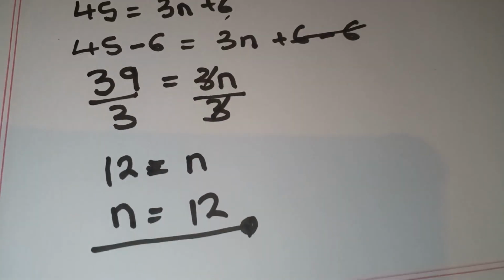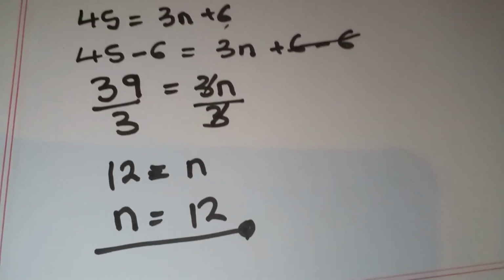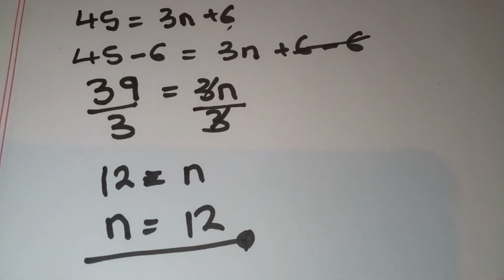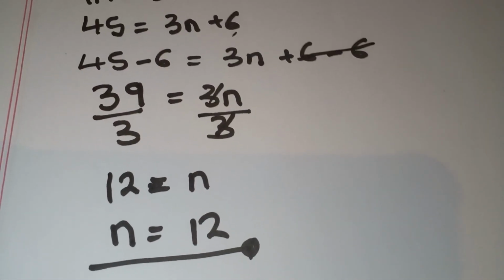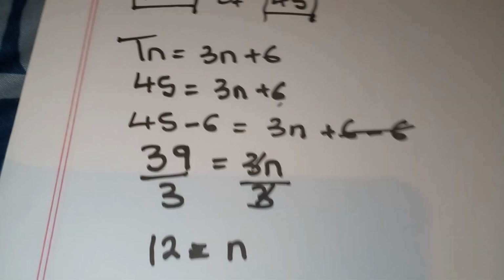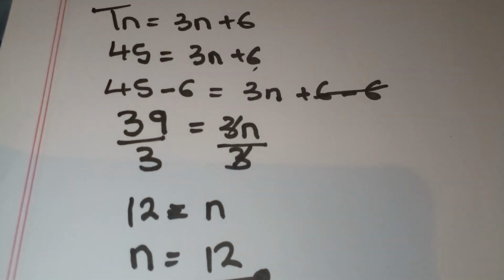The position of 45 in the pattern should be the 12th position. So make sure that you get this one right. The position of 45 is 12. I hope that one is clear.